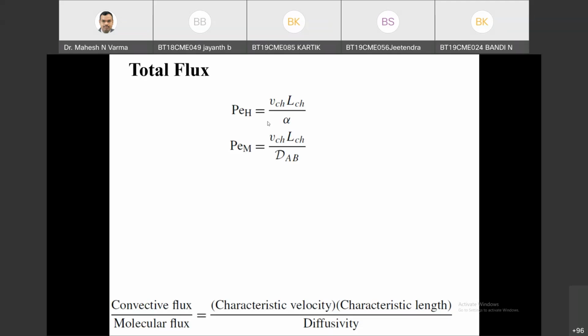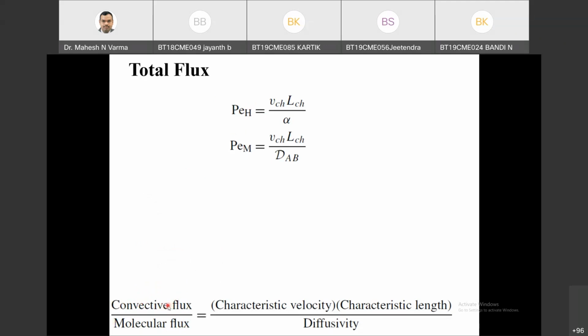It is given here itself, you can see, with the pointer option. Both dimensionless numbers represent a ratio of convective flux to molecular flux. If the Peclet number is very high, say 100, then certainly the convective flux is dominating.